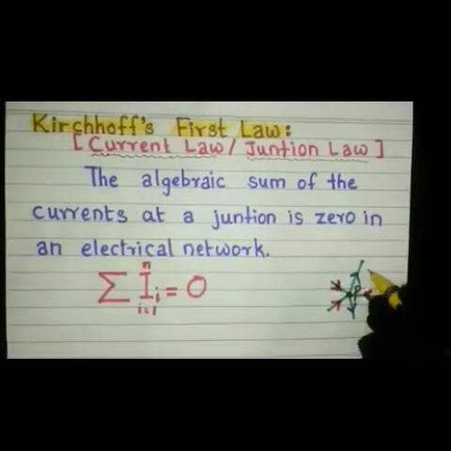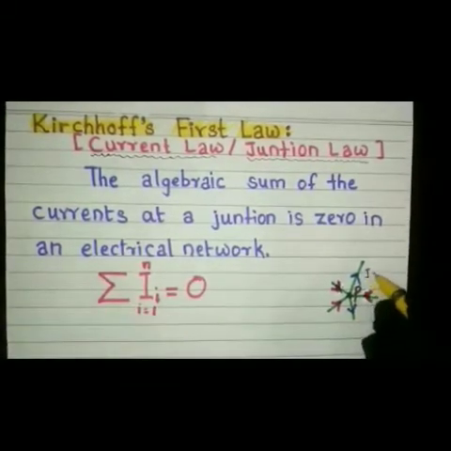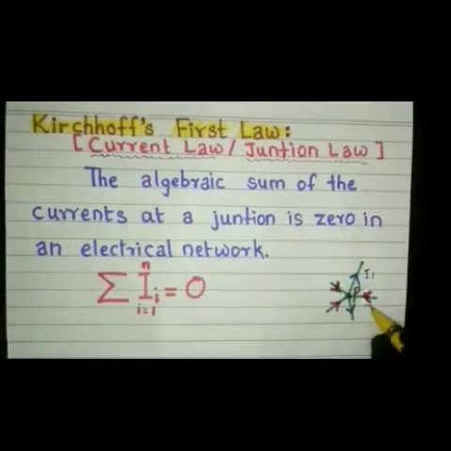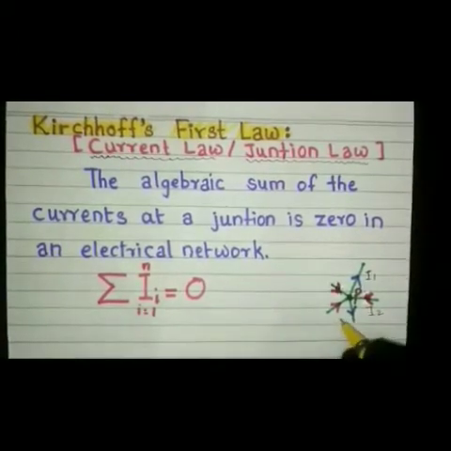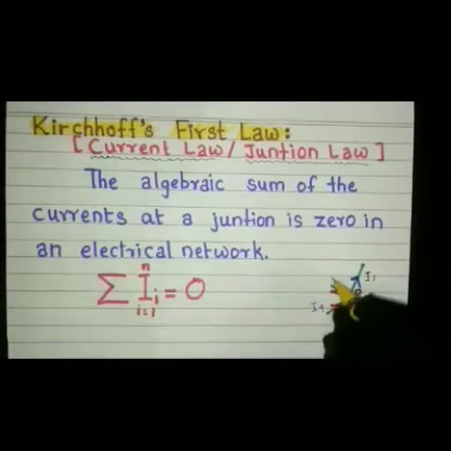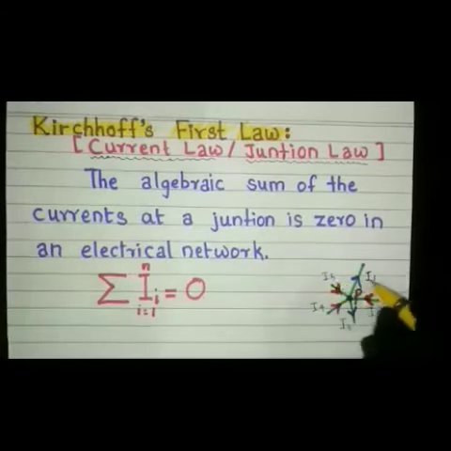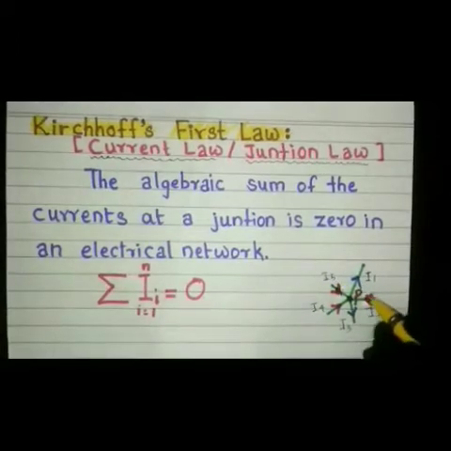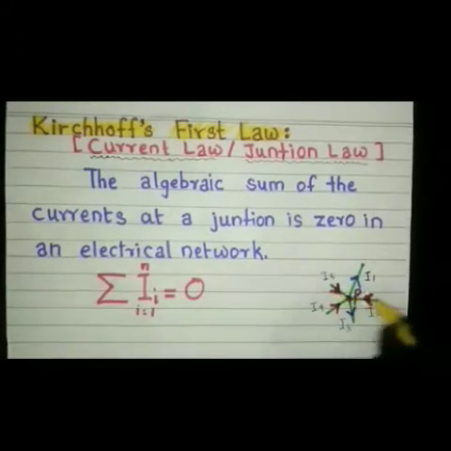Suppose this is current number 1, that is I1. This will be I2, this will be I3, this will be I4, and the last will be I5. If you observe the direction of the current, you will see some have the direction away from the junction and some have the direction towards the junction.